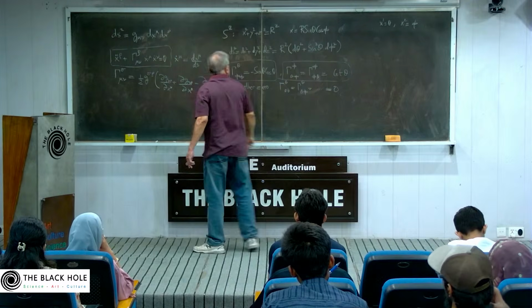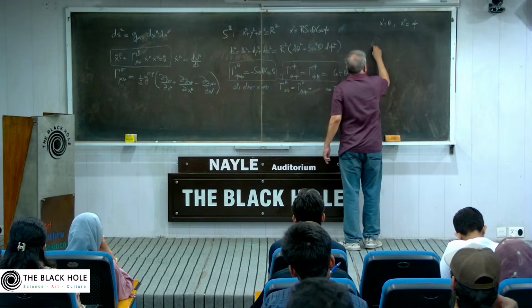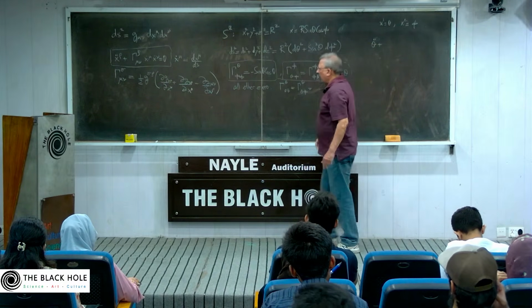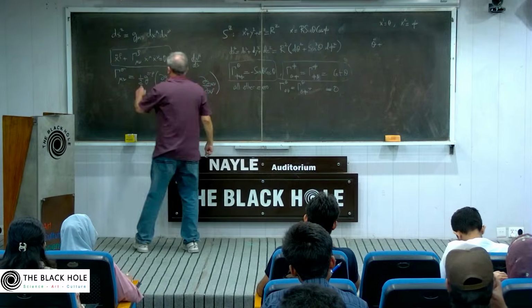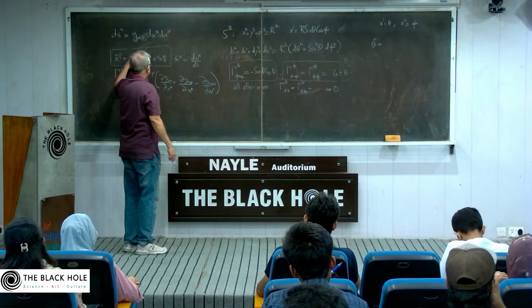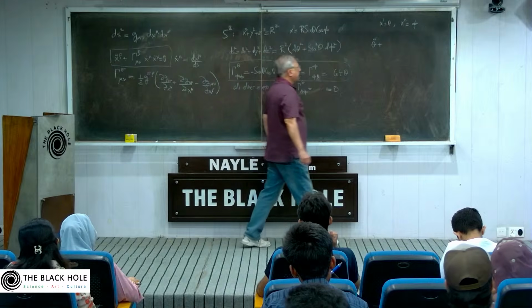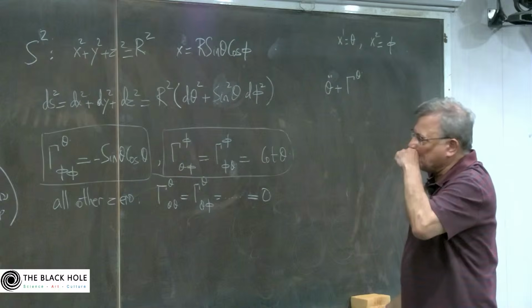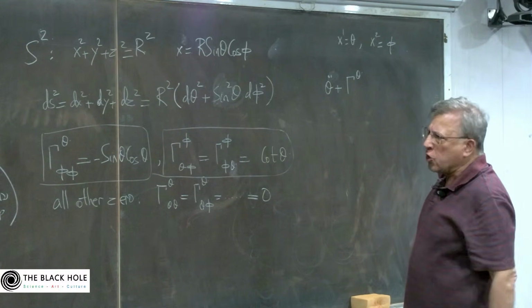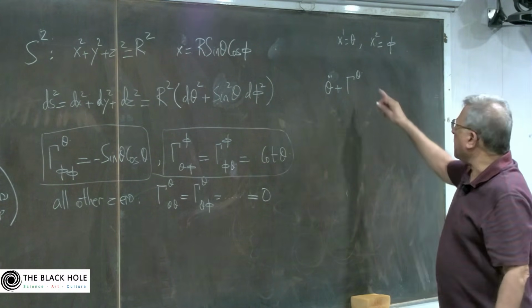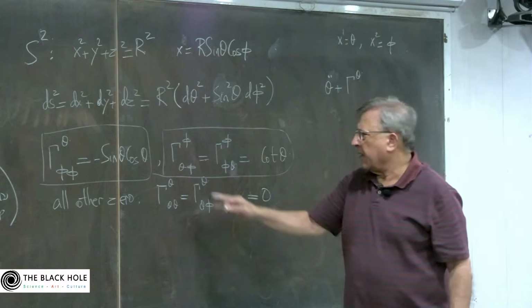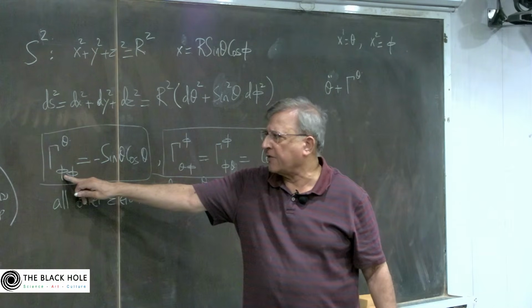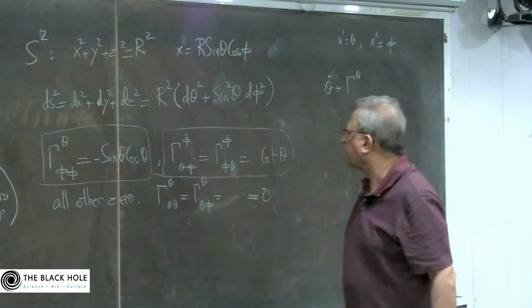So the first equation is this, theta double dot plus. And now let's put gamma theta mu and nu. If you put theta over here, then looking over here, the only possibility is that this index is phi and this index is phi.